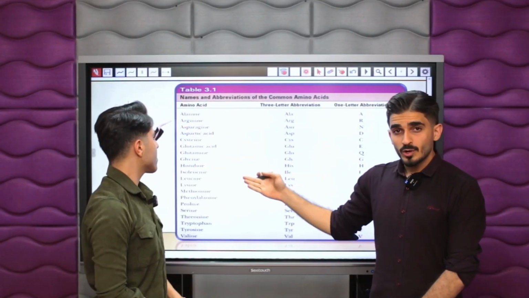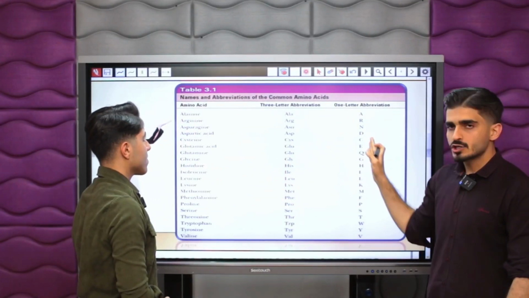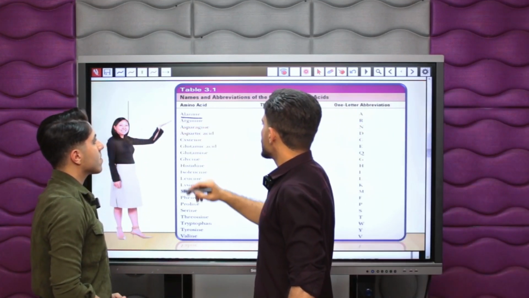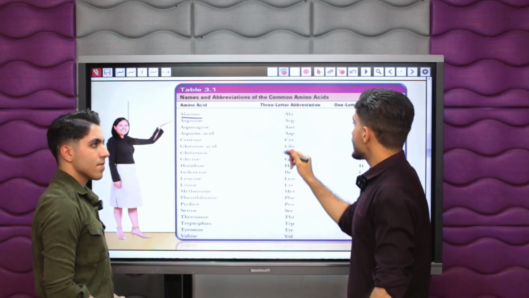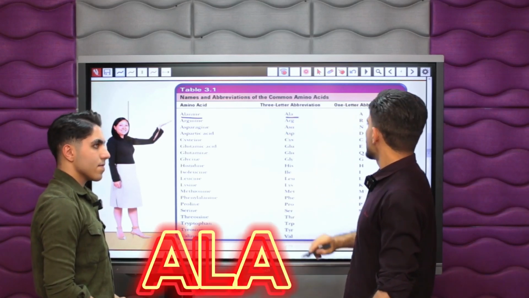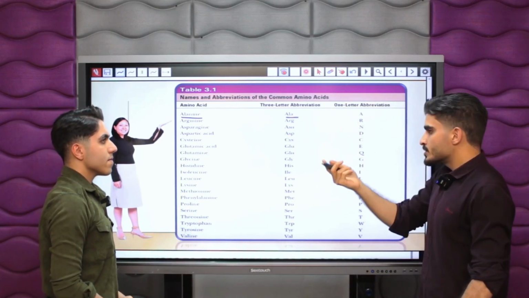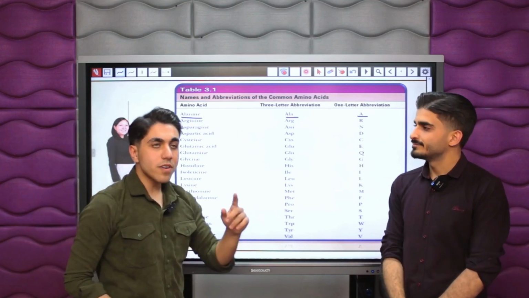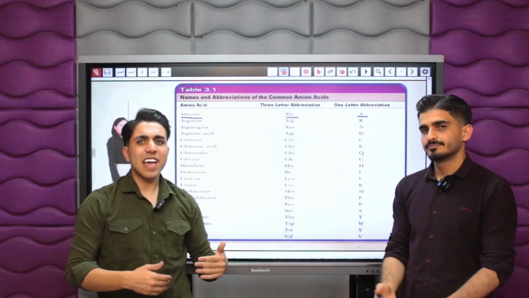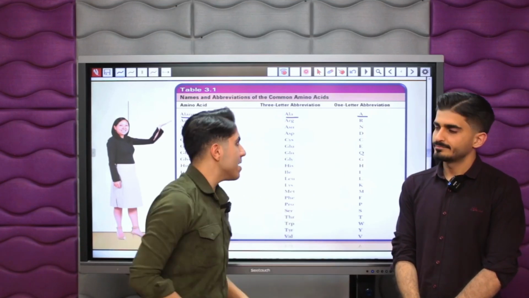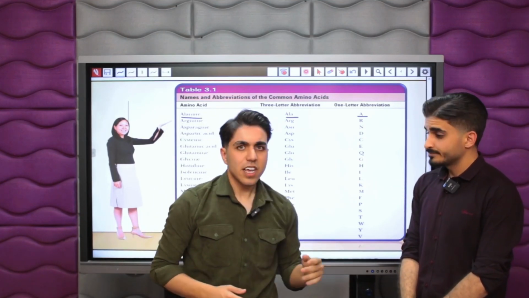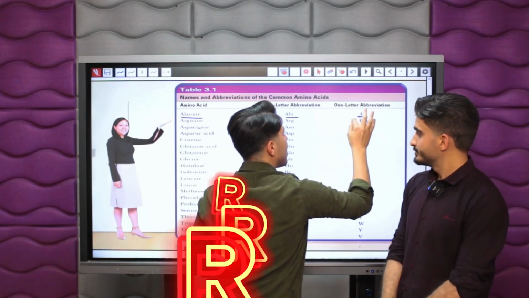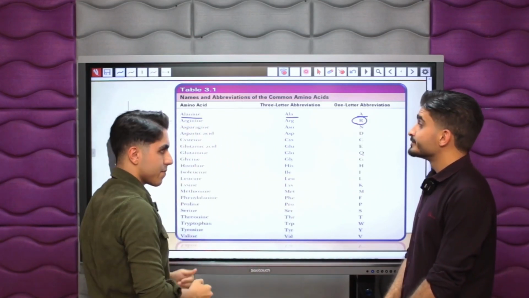Here the names of amino acids and their abbreviations are shown. For example, for alanine, we use first three letters A, L, A, or even first letter A as an abbreviation. Because we have already used A for alanine, we can't use it again for arginine. Whenever you pronounce arginine, it sounds like R, so we use R as an abbreviation form for arginine.